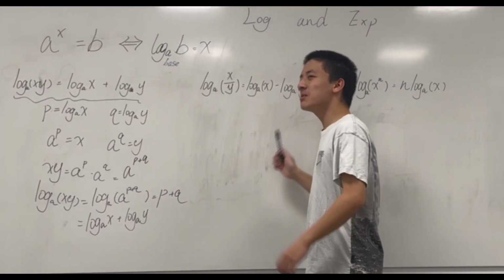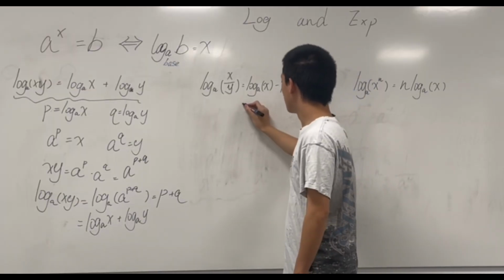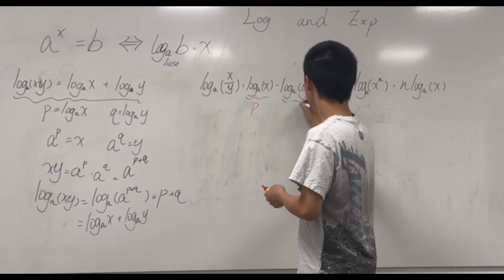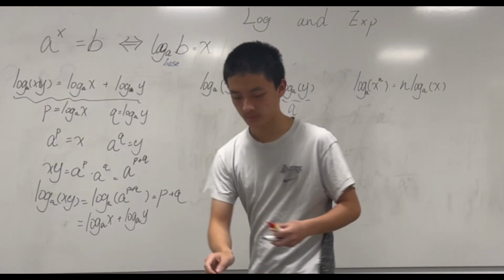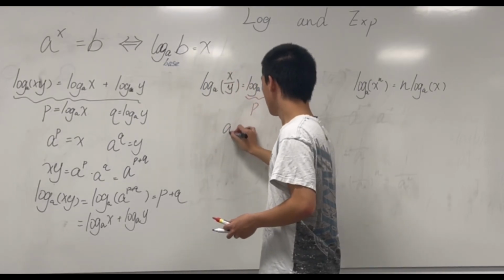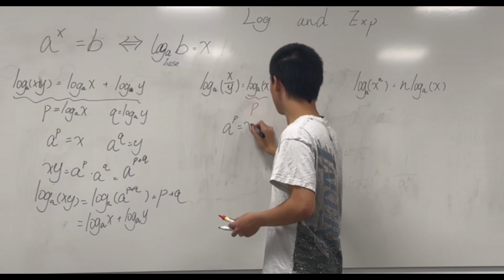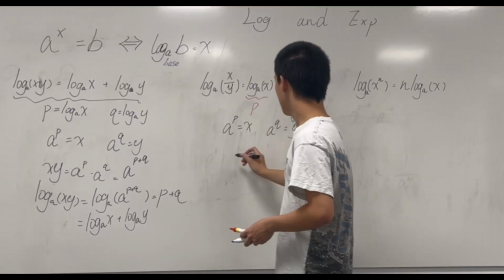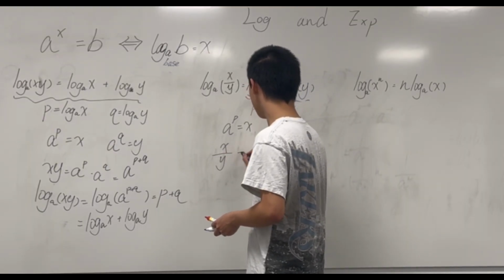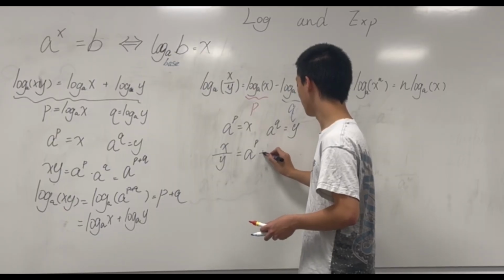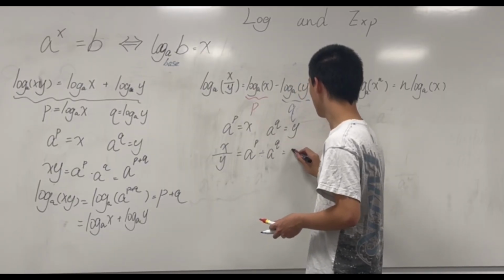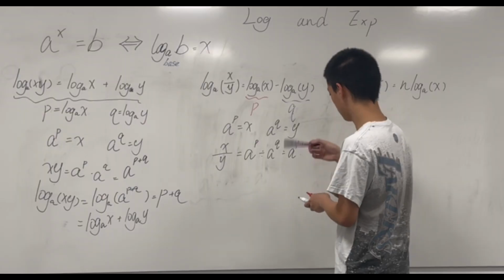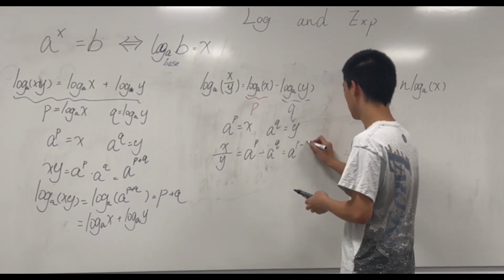Then we can use a similar method to prove this one. We do the same. So this one equals p, this one equals q. Everything is the same. A to the power of p is equal to x. A to the power of q equals y. So x over y is equal to a to the power of p divided by a to the power of q, which is equal to a to the power of p minus q.